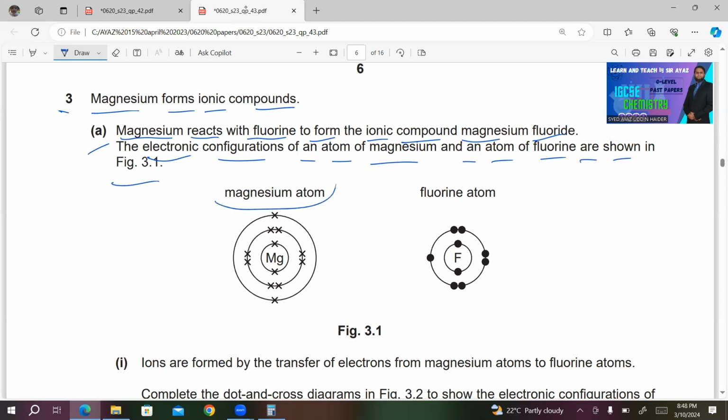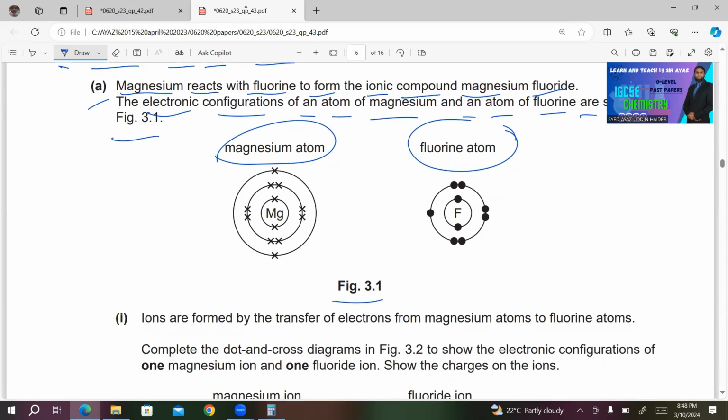Here is the magnesium atom and here is the fluorine atom. Number 1, ions are formed by the transfer of electrons from magnesium atoms to fluorine atoms. Complete the dot and cross diagrams in figure 3.2 to show the electronic configurations of one magnesium ion and one fluoride ion. Show the charges on the ions.